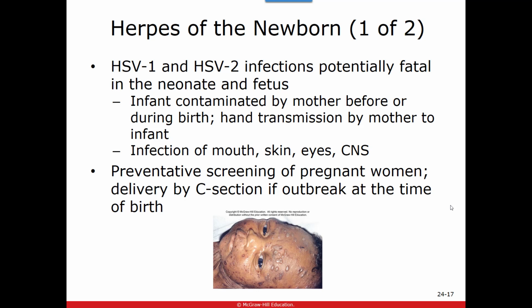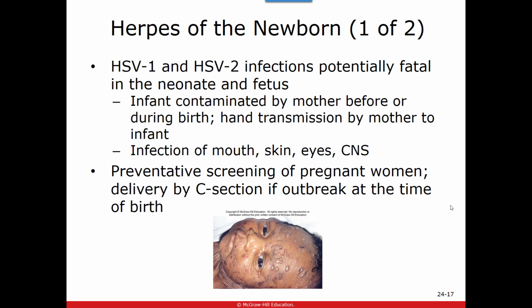It can cause damage to the central nervous system. So they do a lot of preventative screening of pregnant women to find out if this virus is active. If it is, they might deliver by C-section if there's an outbreak at the time, just to eliminate any chance that this virus might infect the newborn.